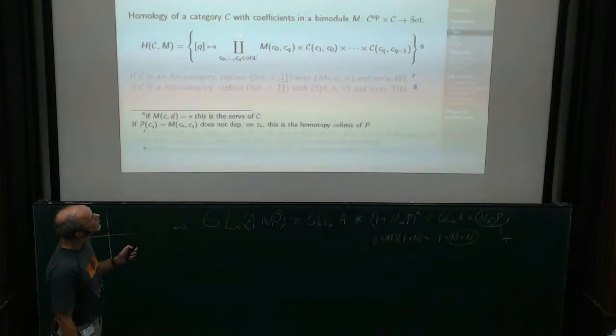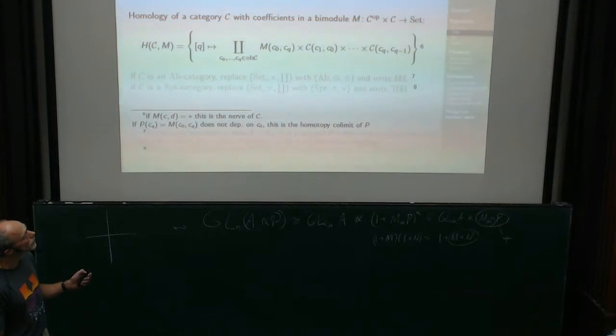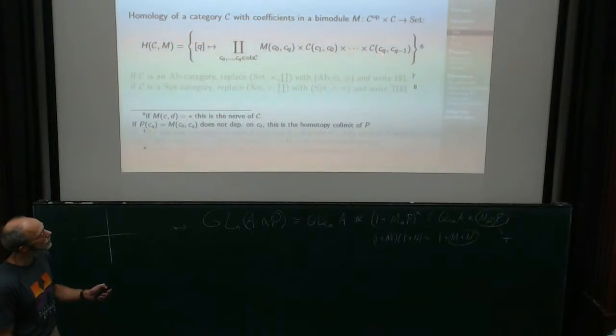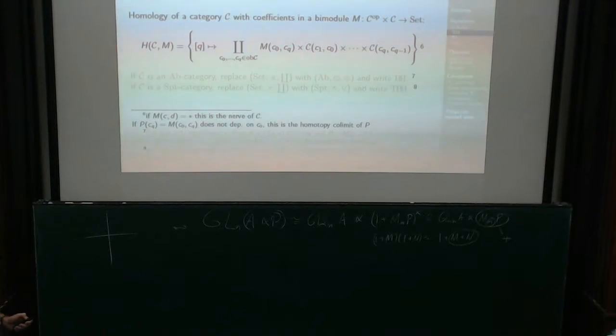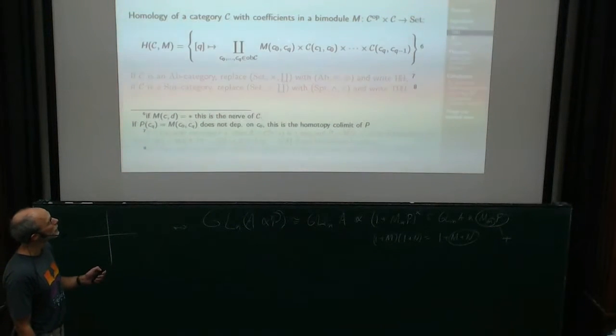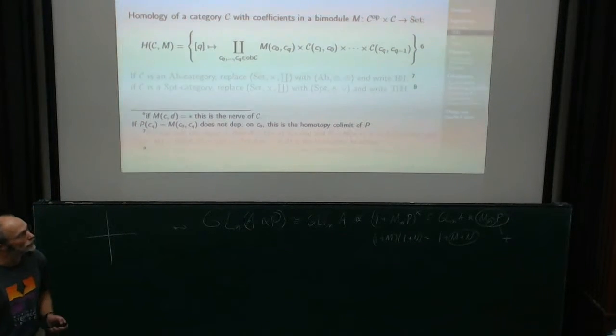You take the disjoint union, the coproduct, over q plus 1 objects in C. This is a string of morphisms starting in Cq to Cq minus 1 to Cq minus 2 to C1 to C0. So this looks very much like the nerve. And then at the end, I have this bimodule where I close the loop by going from C0 to Cq. And if the bimodule is the constant functor that sends everything to a point, this is the nerve.